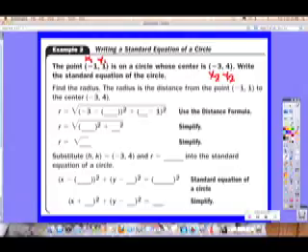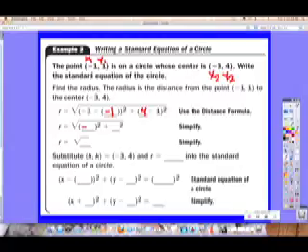Plus, and you do the same thing for the y's. Second y coordinate minus first y coordinate, so 4 minus 1. Okay, be careful right here. Negative 3 minus a negative 1, do you know what that is? It's like adding, right? So that's a negative 2 squared right here. Plus 4 minus 1, that's just 3 squared, right?